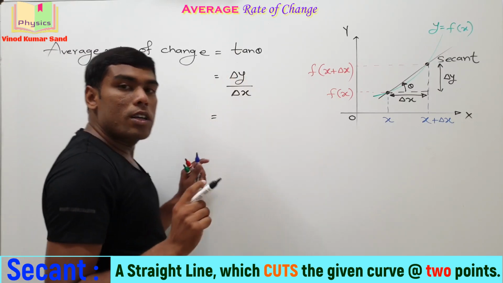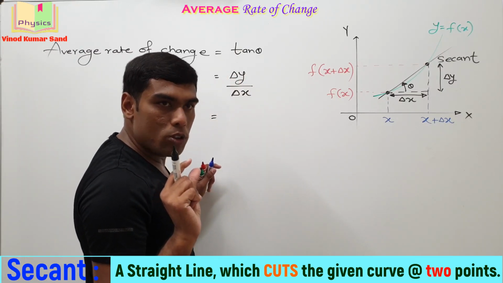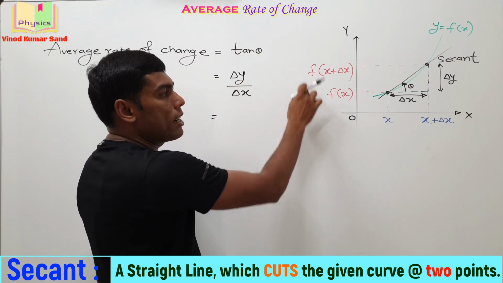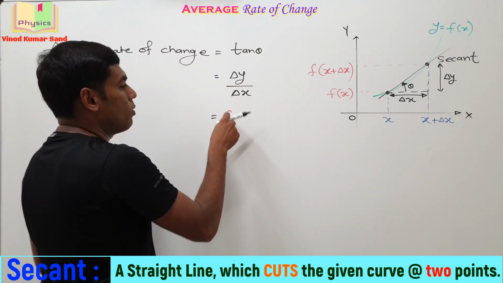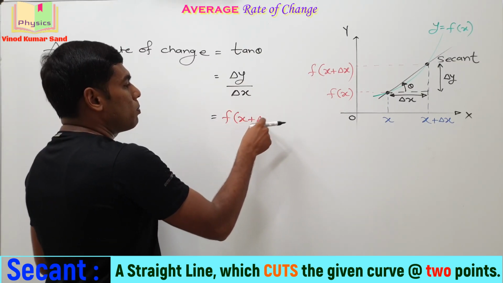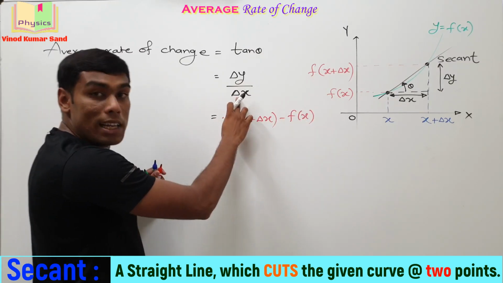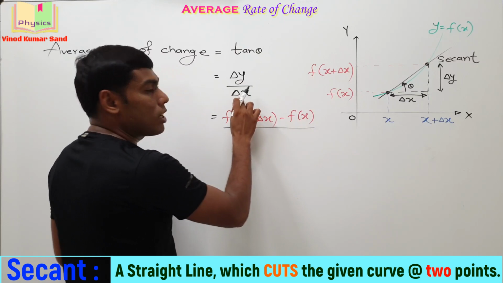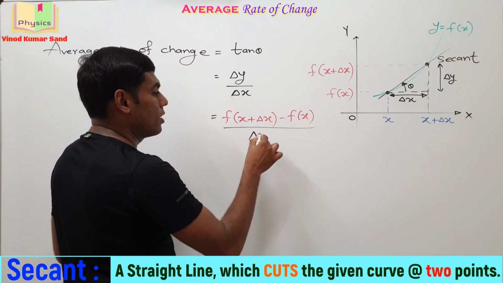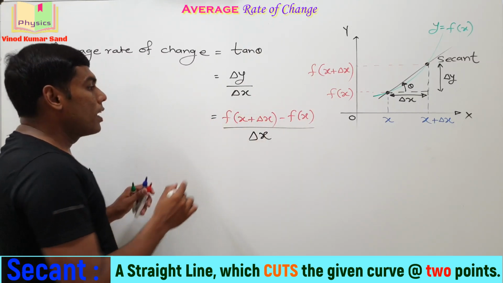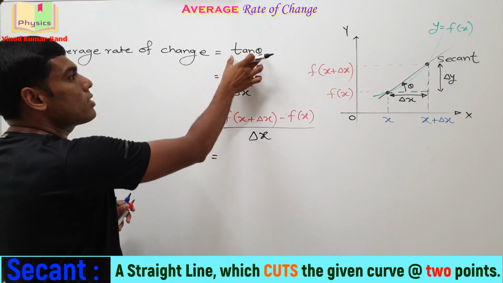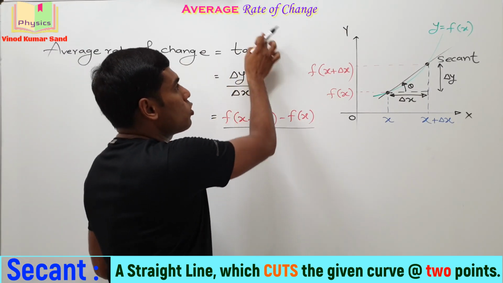Del y means what? Finite change in the values of y. So finite change in the values of y is equal to f(x + del x) minus f(x). And what is del x? Finite change in the values of x. Clear? And this is basically equal to the slope.